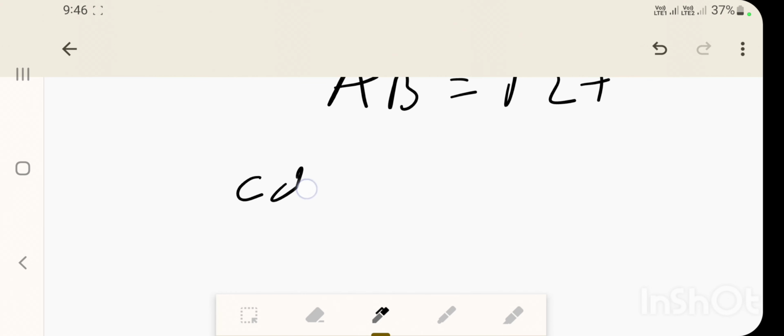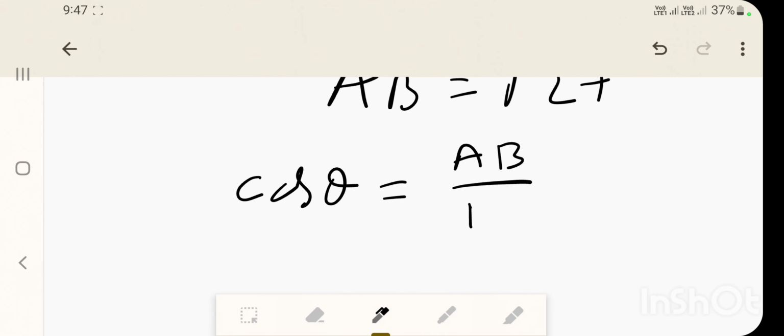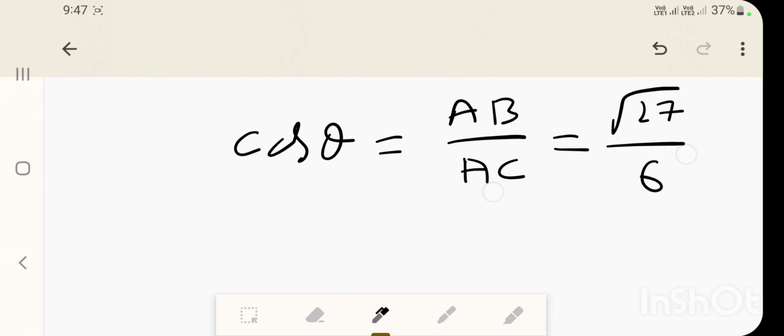Now we want to find the cos theta. Cos theta is nothing but length of the adjacent side AB divided by length of the hypotenuse, that is AC. So it is nothing but root 27 divided by 6. We can simplify this root 27, we can write it as 9 into 3 divided by 6.